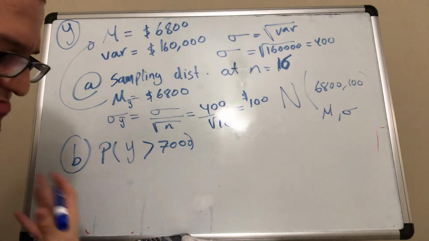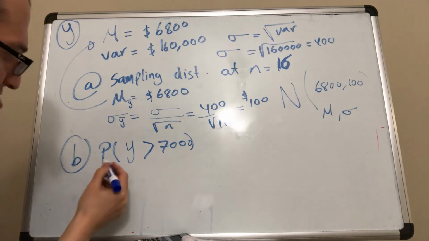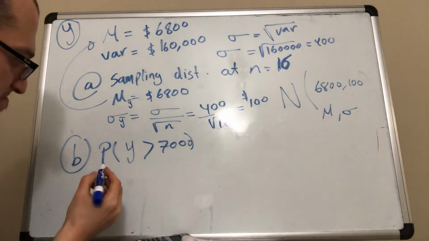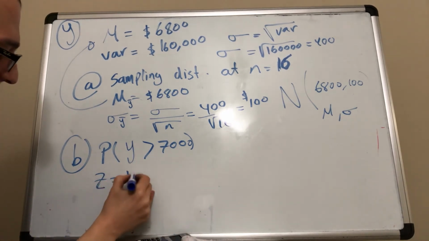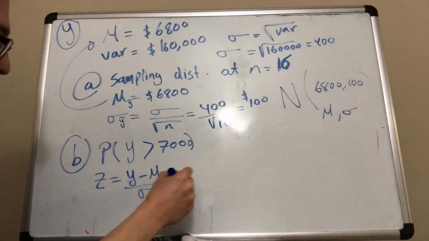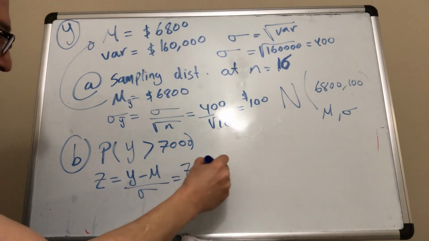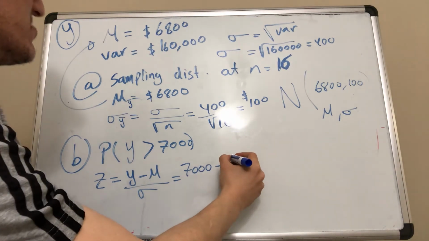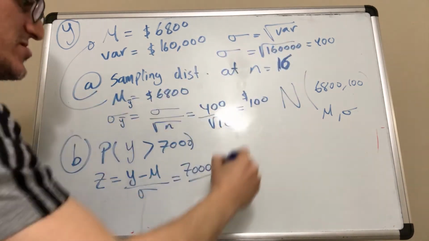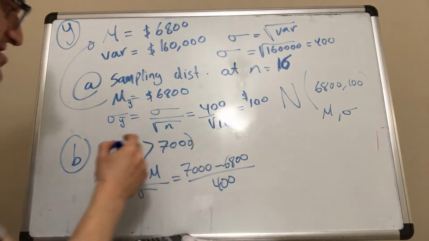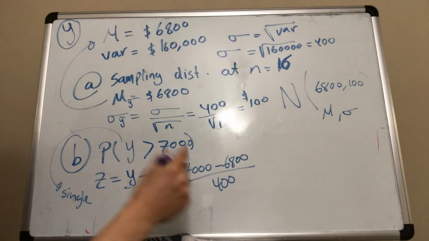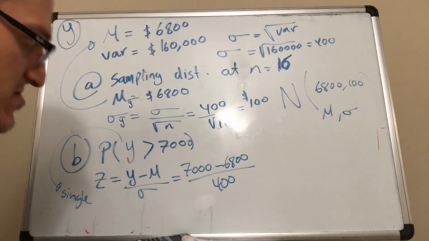In order to do any probability question, you need to take everything and represent it in terms of Z. And that would be Y minus mu over sigma. So it would be 7,000, mu would be the 6,800, and the actual sigma. Since it's a single, I'm going to use the actual sigma for the single.